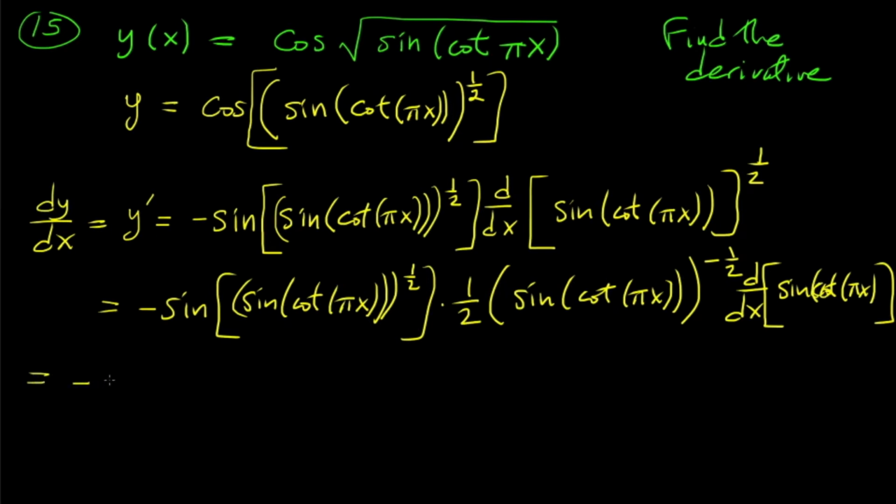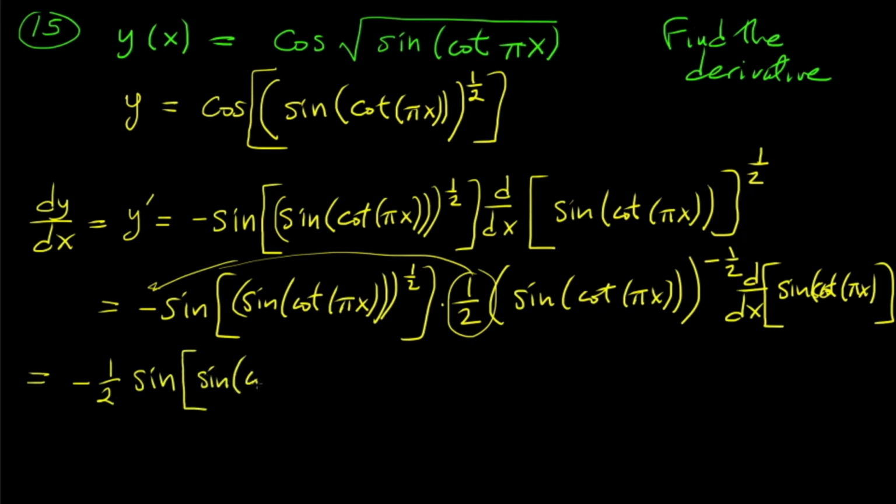All right, so let's bring the 1/2 in front here. So I'll write this as negative 1/2 times sine of cotangent of pi x to the power 1/2, times the same thing, sine of cotangent of pi x to the negative 1/2.